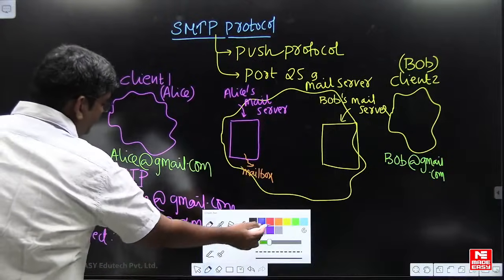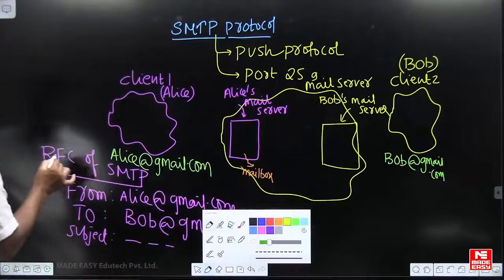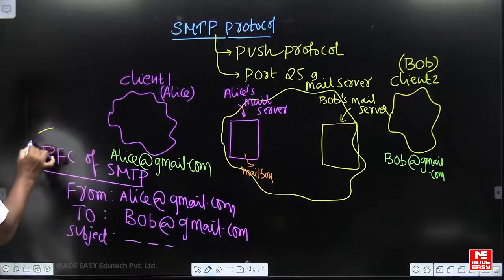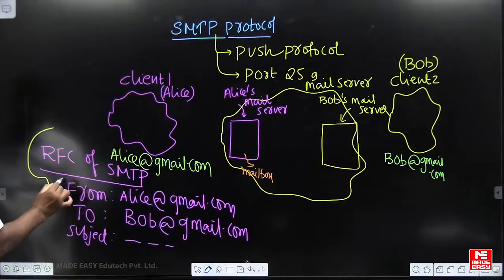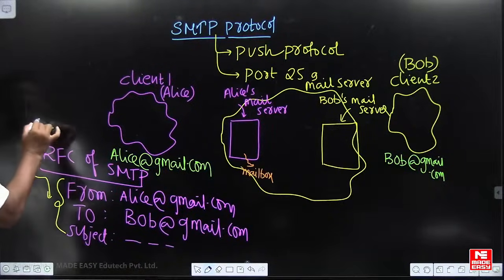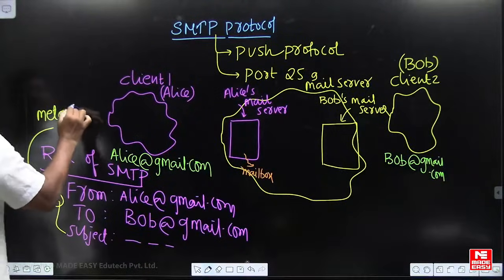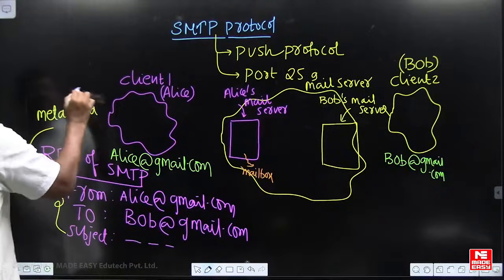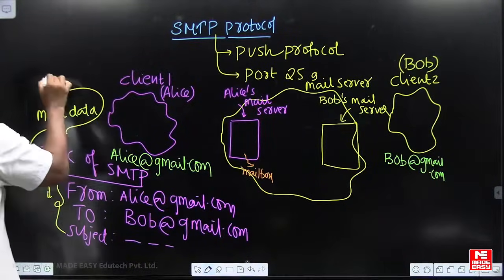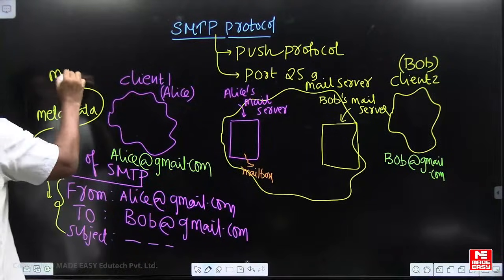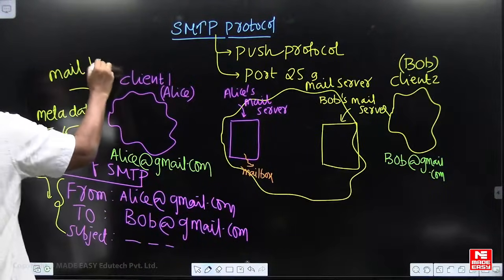So technically, as per the rules of this RFC of SMTP, this whole information, the From, To, Subject, is called metadata, or simply the mail header. It is not the mail data, it is the mail header.